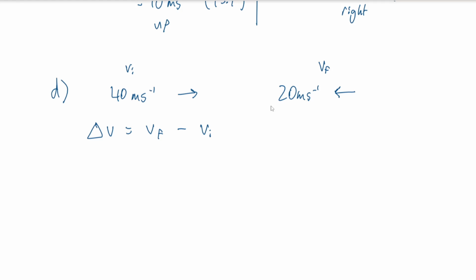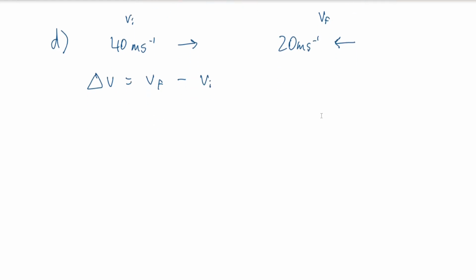Now, when finding differences of vectors, it's very important to be mindful of the sign. So let's define which way is positive and which way is negative. So I will define to the right as positive. So the final velocity is 20 meters per second to the left, which means the value would be negative 20.